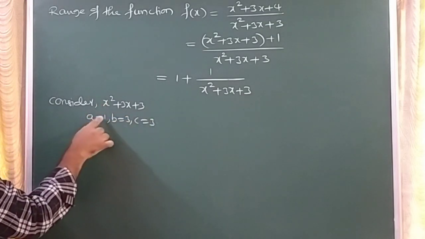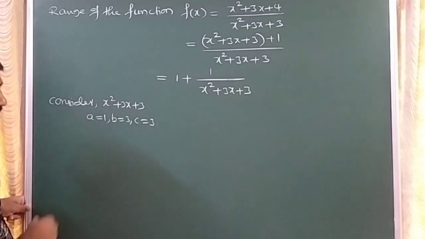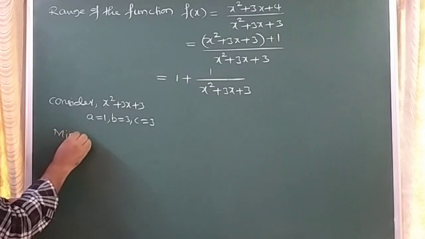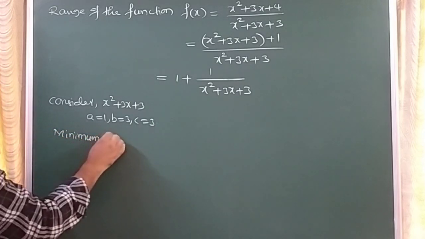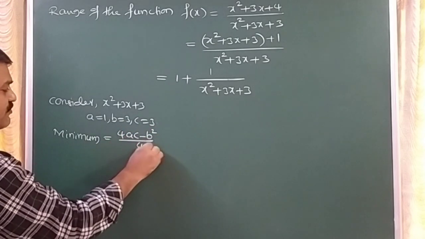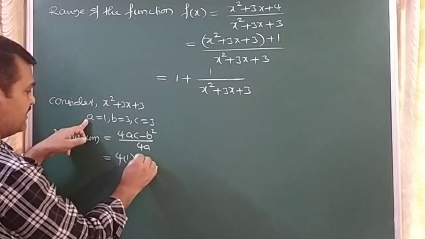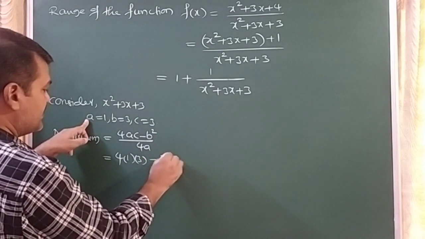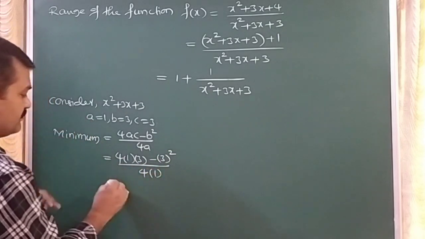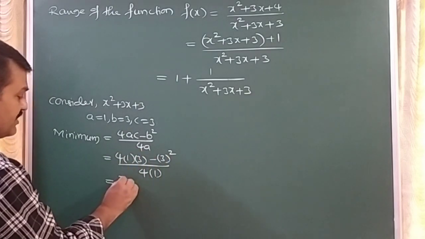The coefficient of x square, a, is 1, so it is positive. When the coefficient of x square is positive, you will get a minimum value, for which the formula is 4ac minus b square by 4a. So 4 into a is 1, c is 3, minus b square, by 4 into a. So you are getting 12 minus 9, 3 by 4.